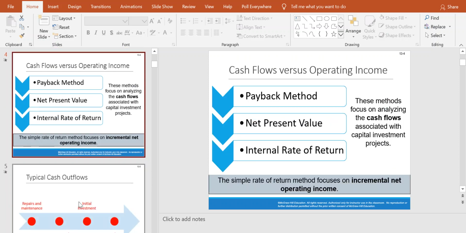There are three ways that we're going to look at evaluating projects. The first one is a payback method, and that really is considered a cash flow method. The net present value is also a cash flow method, and the internal rate of return really is based on the operating income that's generated.